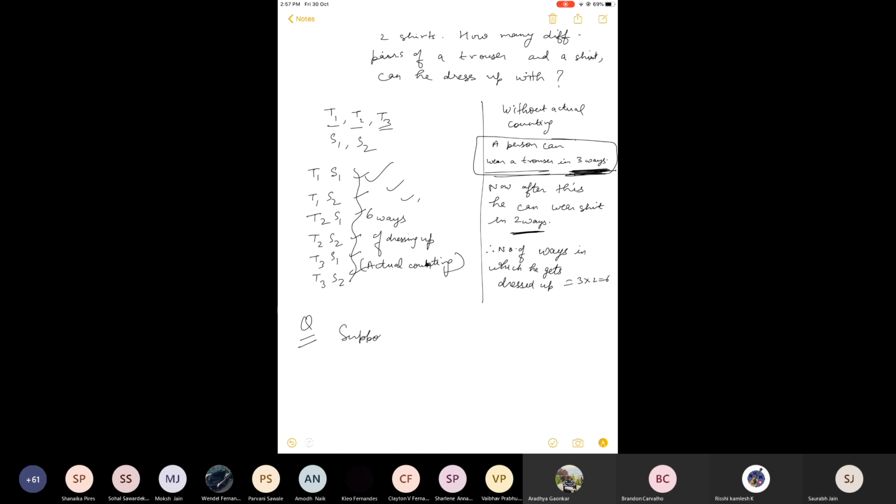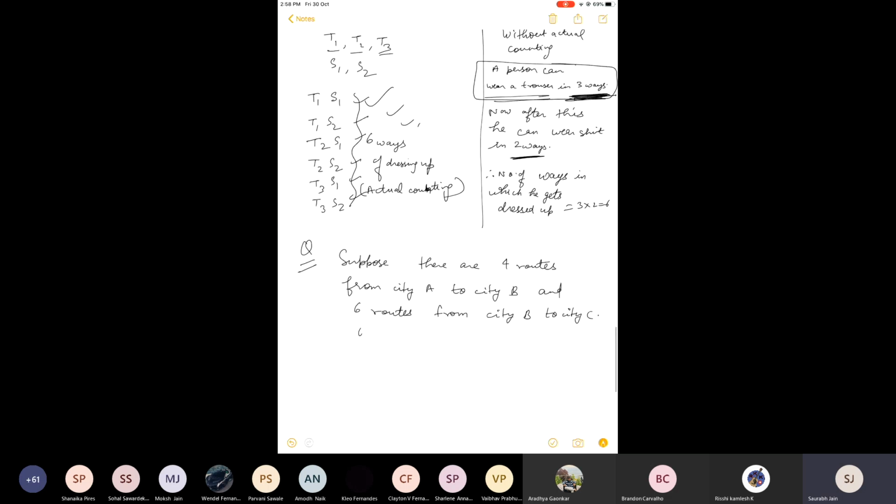Suppose there are four routes from city A to city B and six routes from city B to city C. In how many ways can a person travel from city A to city C via city B? This is the question. Very easy one.